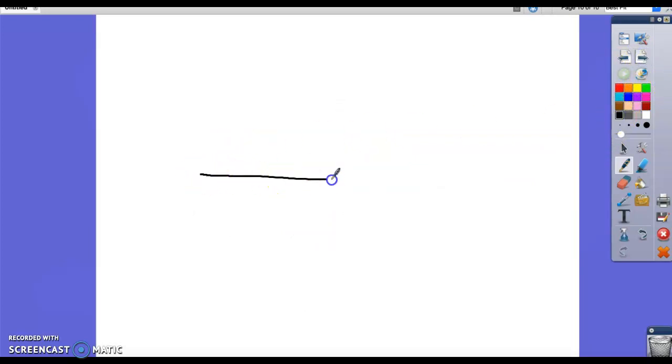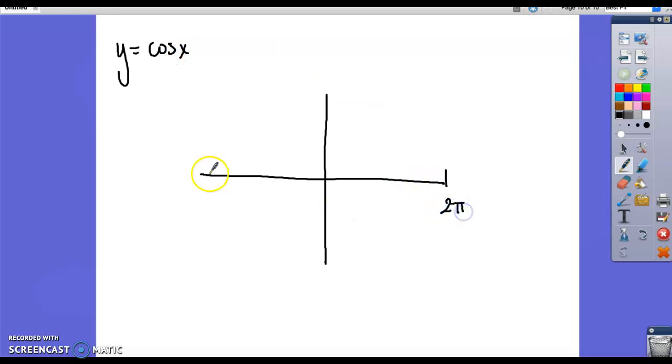Cosine, let's just really quickly look at that one. Everything is exactly the same except the shape of the graph. Well, even the shape of the graph is actually the same, but just a little bit different.